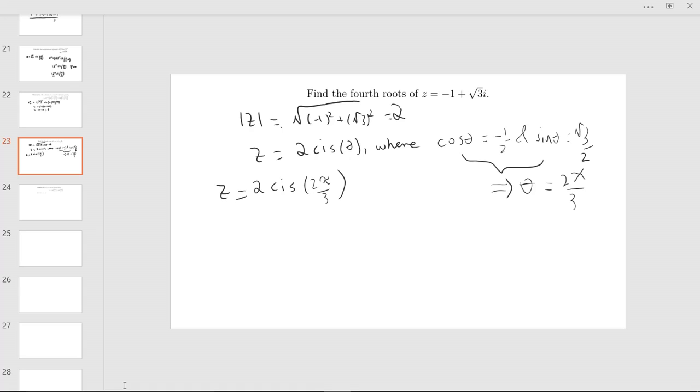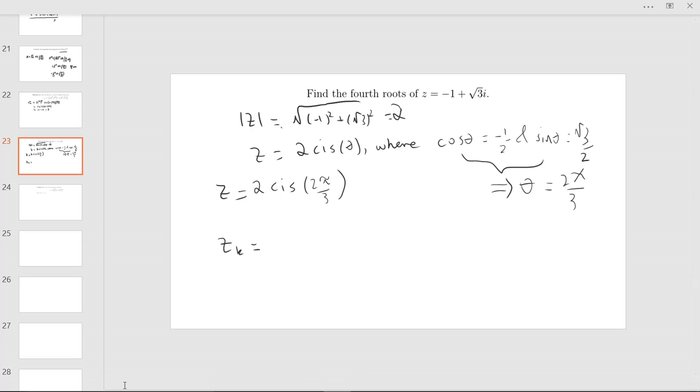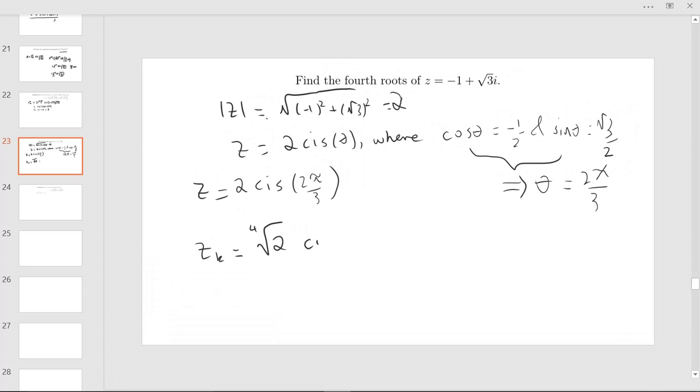Now, to find the fourth roots, you see that they are simply given by z_k is equal to the fourth root of 2 times cis of (2 pi over 3 plus 2 pi k over 4).